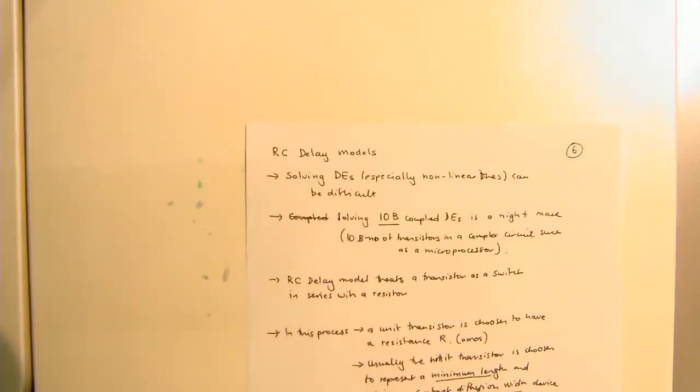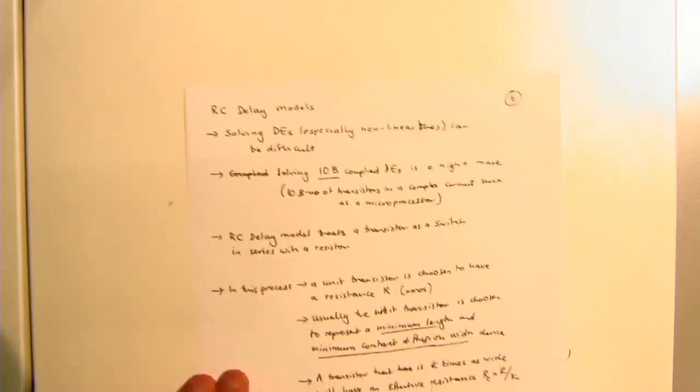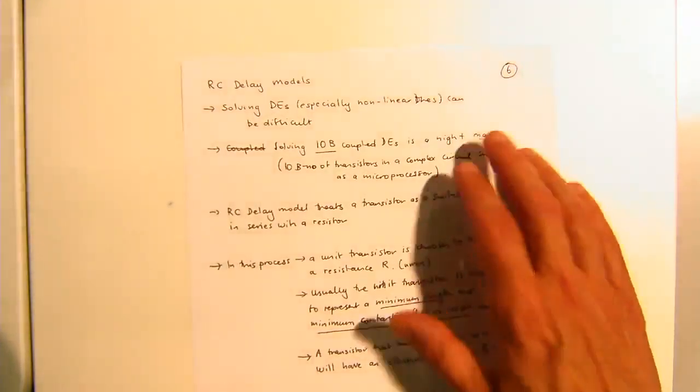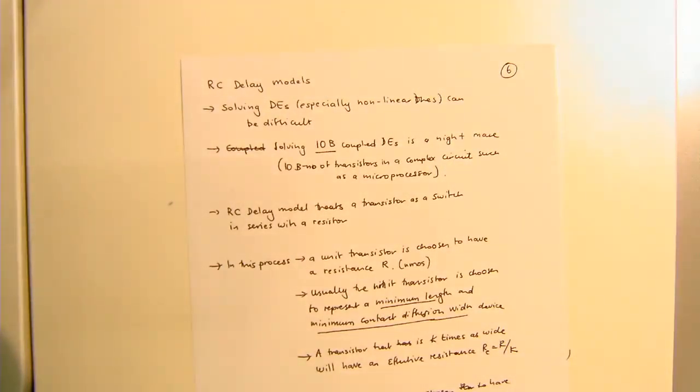Then we went on to talk about some RC delay models and why we're beginning to talk about approximating these circuits as RC circuits, and specifically why we are doing this instead of, for example, trying to do a full SPICE simulation of a full chip.